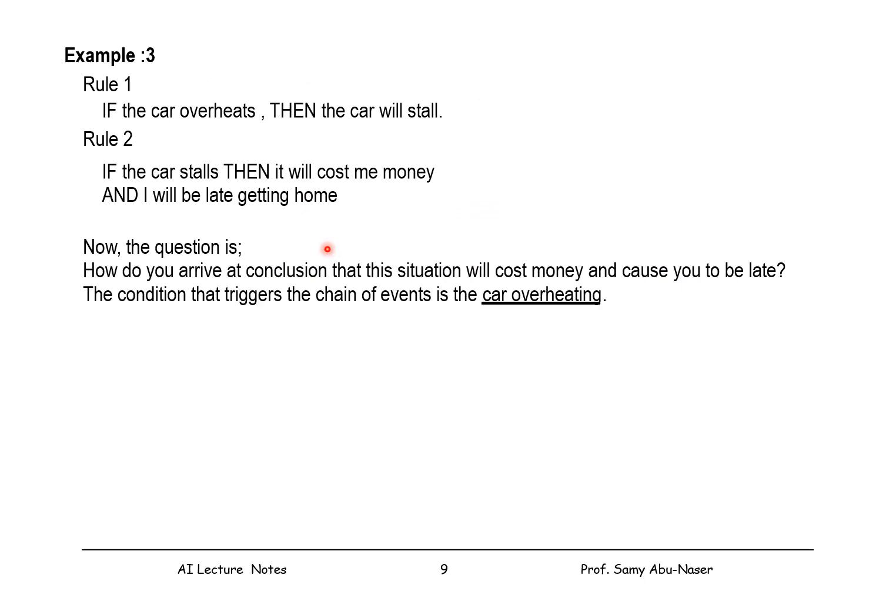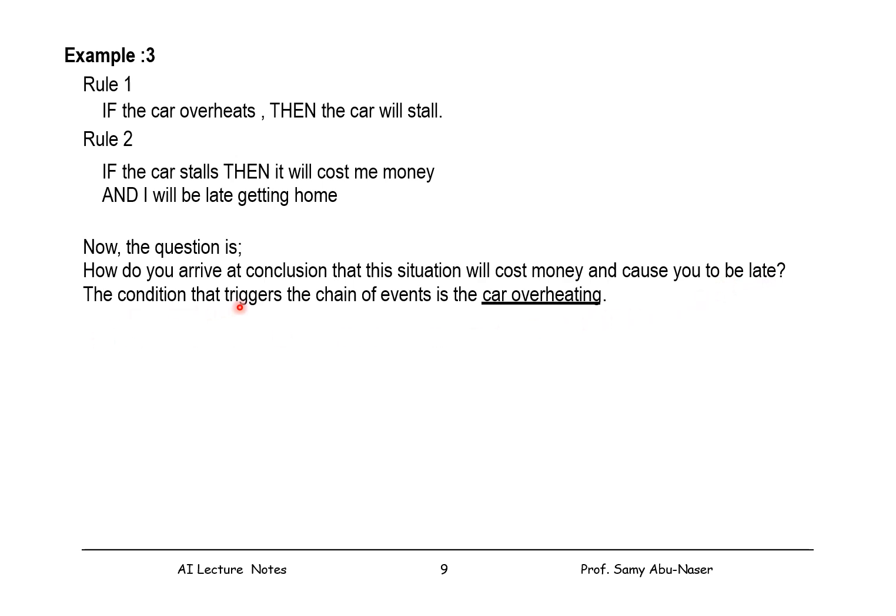So in forward chaining, rule 1: if the car overheats, then the car will stall. Rule 2: if the car stalls, then it will cost me money and I will be late getting home. Now, the question is, how do you arrive at the conclusion that this situation will cost money and cause you to be late home?